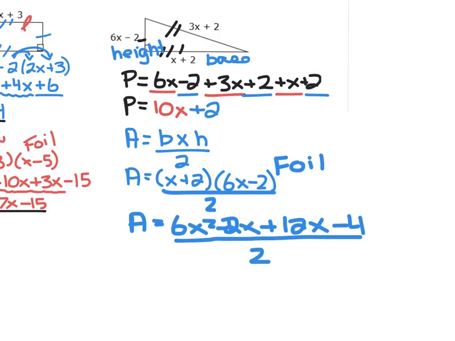We can collect on the top 6x squared plus 10x minus 4, all over 2.